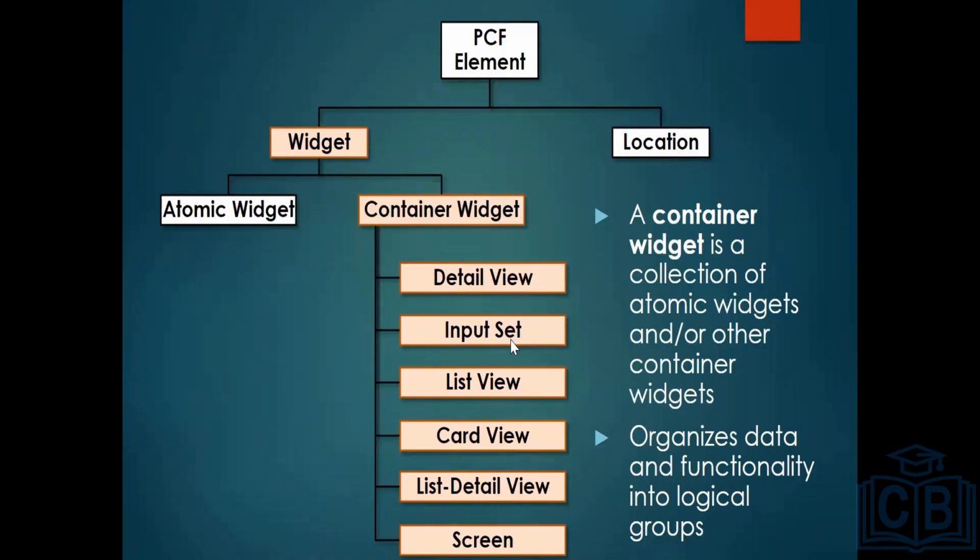Suppose there is an address, which would have three lines: address line 1, address line 2, address line 3, then the pin code, the state and then country. These 4 or 5 fields are combined together. They can be used in multiple other screens. We create one PCF file which we can refer to in multiple other places as well.